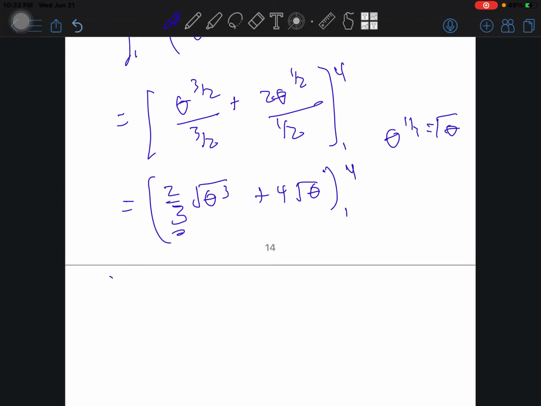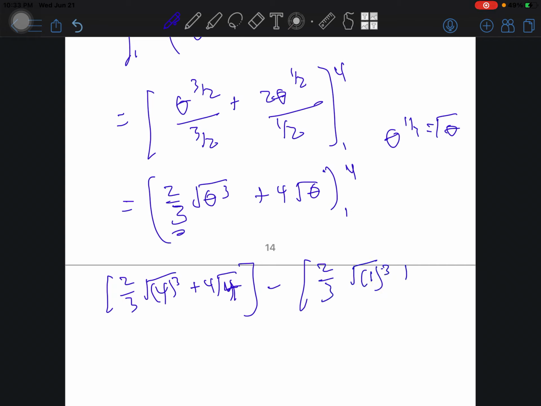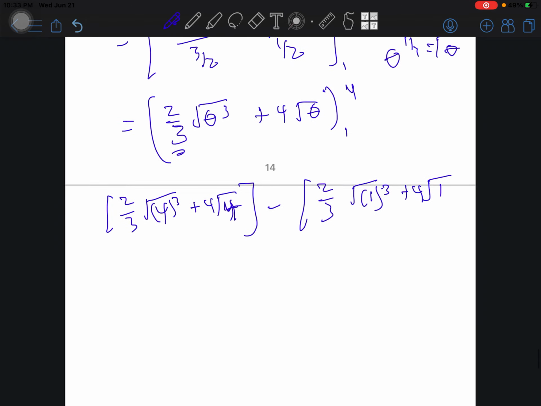When you evaluate it, you are going to get 2 over 3 square root of 4 all to the power 3, because of the upper limit, plus 4 square root of 4. So these are the upper limits, and then minus the lower limit, which is 2 over 3 square root of 1 all to the power 3 plus 4 square root of 1.